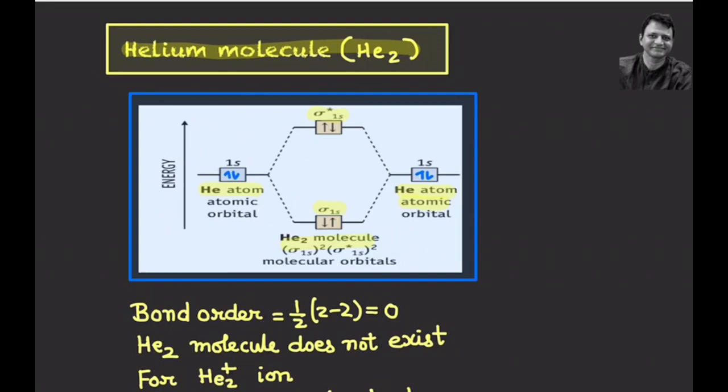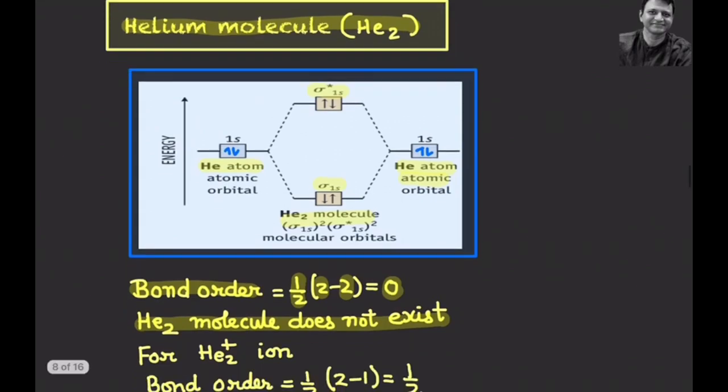We can see here that there are two electrons in the bonding molecular orbital and two electrons in the anti-bonding molecular orbital. So for the helium molecule, the bond order is equal to half times the number of electrons in bonding minus the number of electrons in anti-bonding, which is equal to 0. We know that when the bond order is 0 or negative, the chemical species cannot exist. So the helium molecule does not exist.